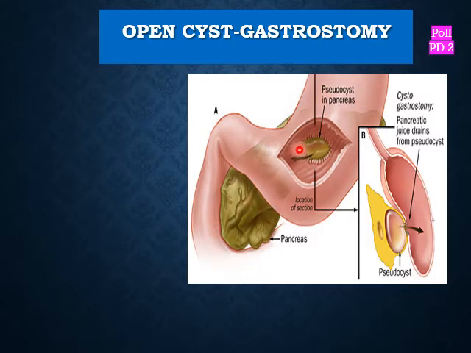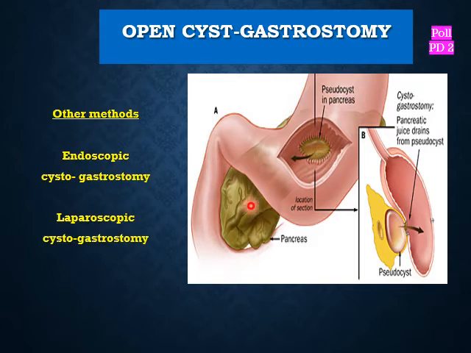Okay, this is the opening in the posterior wall where there are running continuous sutures placed between the posterior wall and the mature pseudocyst wall. Okay, thereby creating a large fistula. Other methods, which I said, can be endoscopic cystgastrostomy or laparoscopic cystogastrostomy.